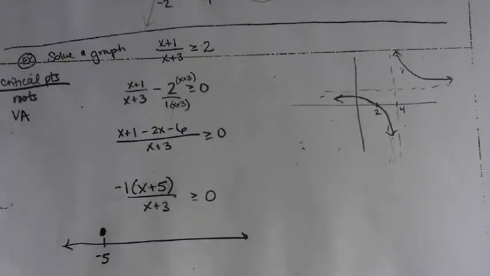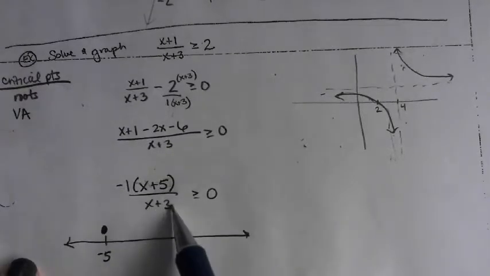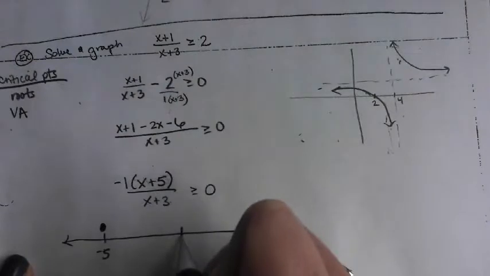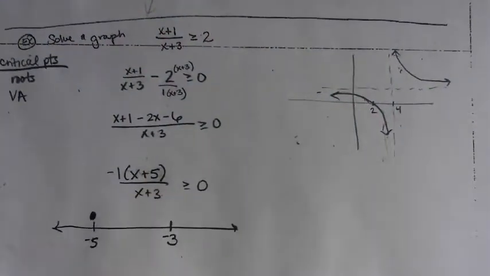Our vertical asymptotes come from the zeros of the denominator, which is -3. This is a different conversation. At an asymptote, is the graph greater than or equal to 0? Mitch, what are your thoughts on that?